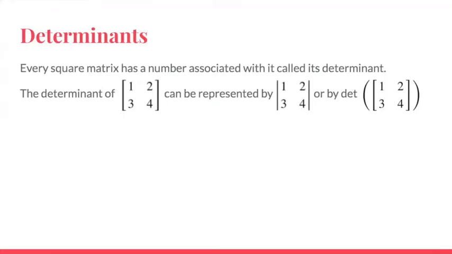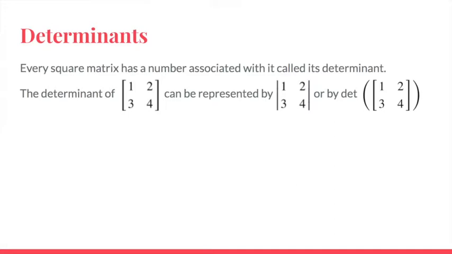A determinant is a number that is associated with a square matrix. Every square matrix has a determinant. The notation for determinant is typically those straight vertical bars, in the second matrix, the first one that says represented by.